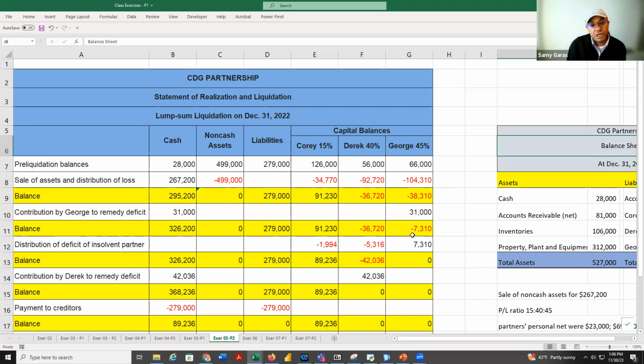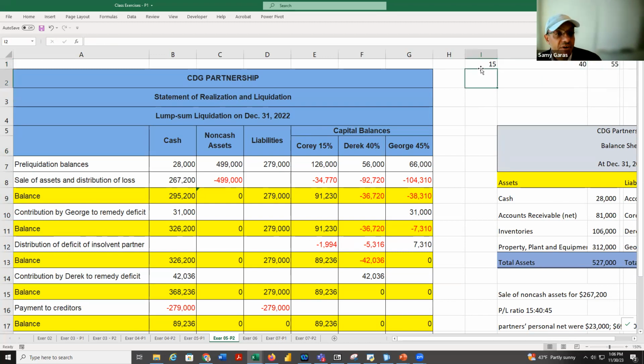Who should pay for it? Since George cannot pay, Corey and Derek should absorb it. By which ratio? We call it here 15 to 40. But we don't take the 45 of George because George has left already. So we add them together, we get 55.